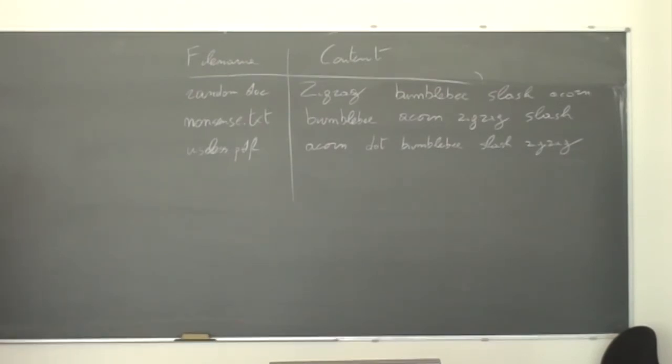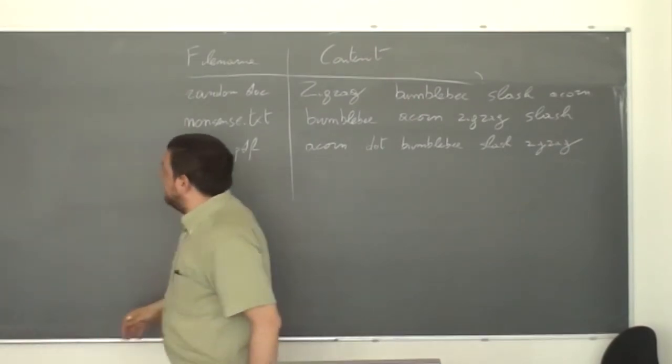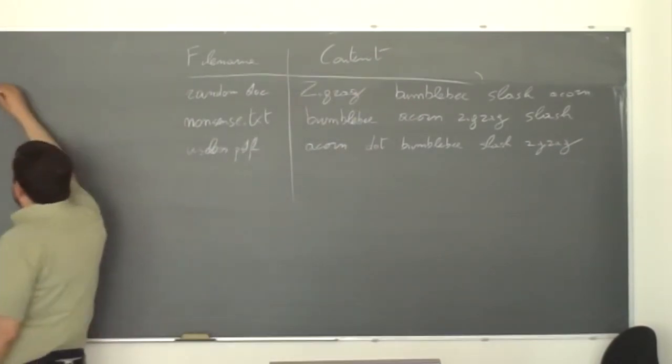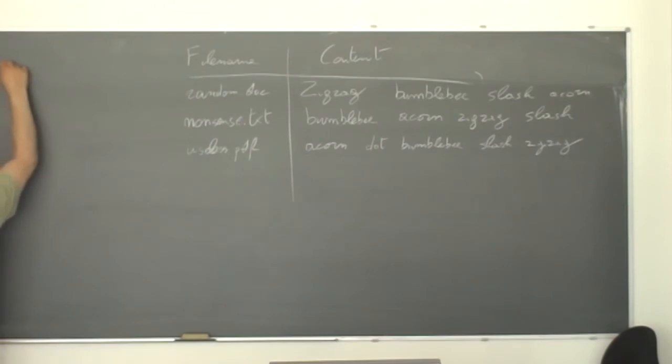next dot, then slash, and finally zigzag. Okay, we have 5 terms. Every term should be mapped to the document where it occurs in the earliest position.